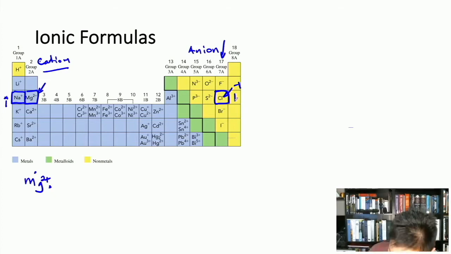But it's a little different now with magnesium because magnesium has a 2+ charge, right? And chlorine has a -1 charge. So you'll need 2 chlorines to balance out a single magnesium ion. So minus charge, minus charge.